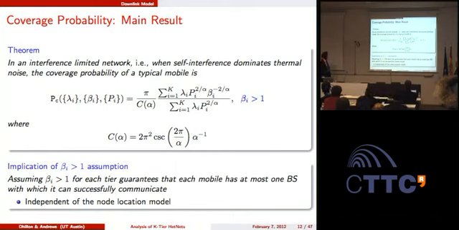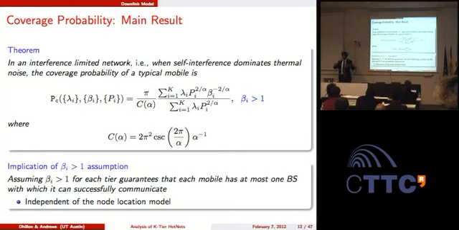Now what is the implication? Why did we have this assumption? If you assume that the target is greater than 0 dB for each tier, that means each mobile has at most one base station with which it can successfully communicate. It cannot connect to multiple base stations. An easy way of understanding this is that you have two base stations transmitting at powers P1 and P2, and the SIR at a mobile, if it connects to base station 1, is P1 over P2, and if it connects to base station 2, it's P2 over P1.